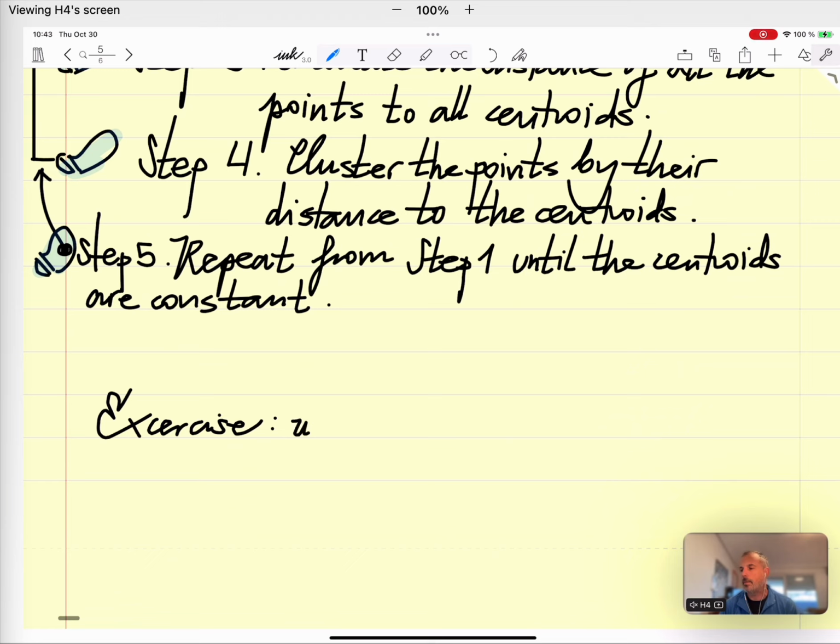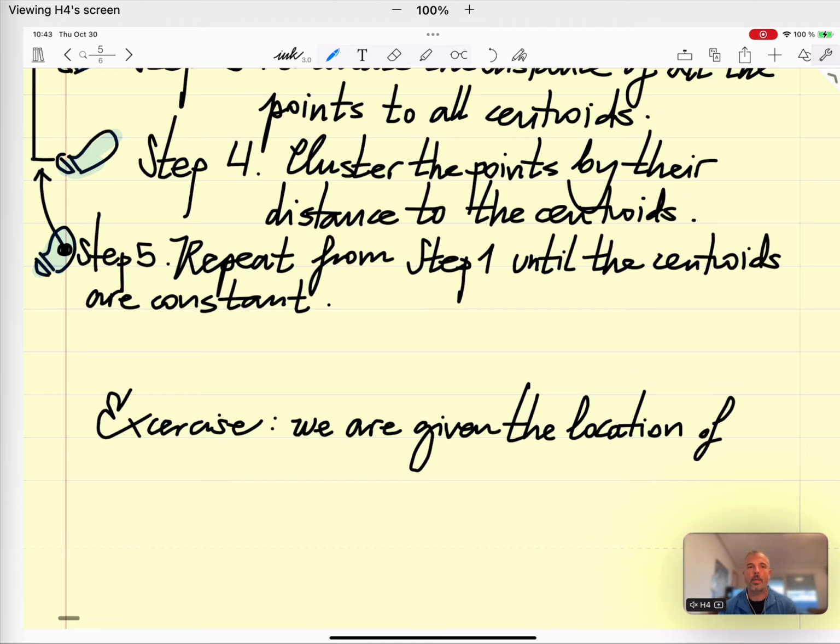We are given the location, and because we are given the location, we know we can calculate distances, so the hypothesis is fulfilled, of 5 factories.